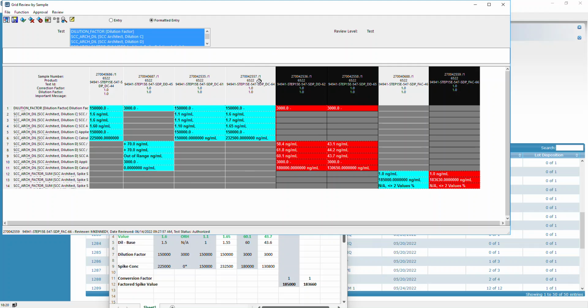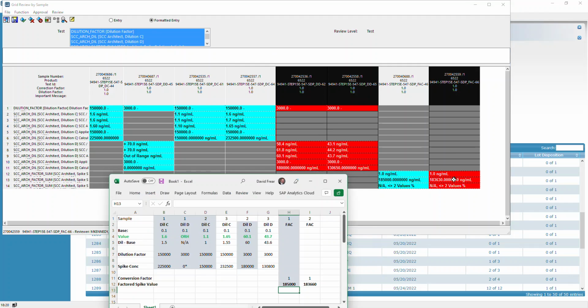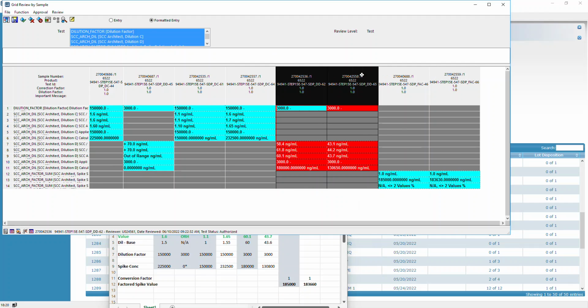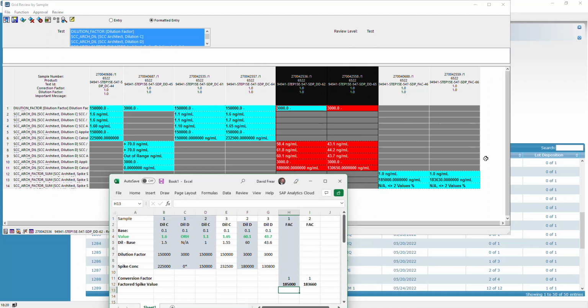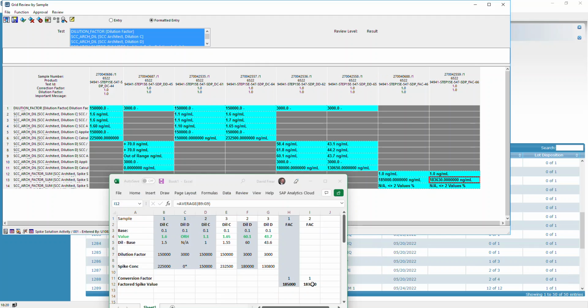And so what happened at this point is this factor summary doesn't only include these 2 samples. This factor summary is looking across all the samples on the product itself that match the dilution for this particular test. And so what happens is this summary will look across all the dilutions and average them all together.